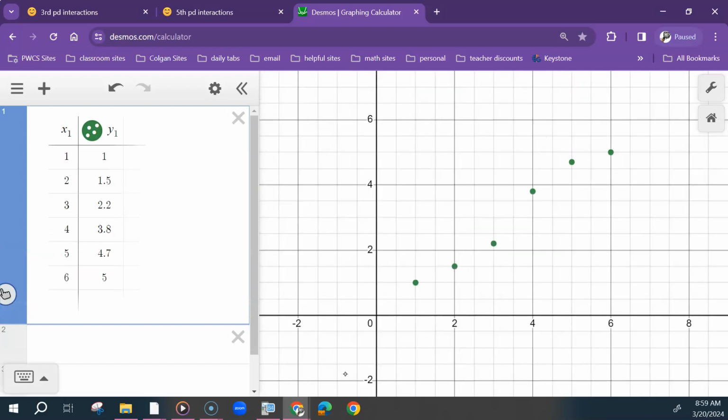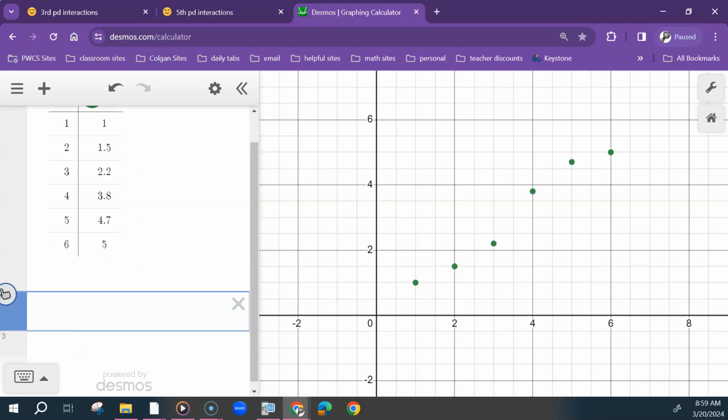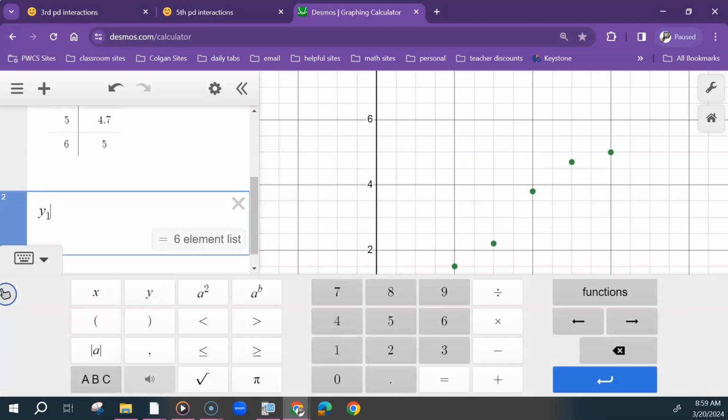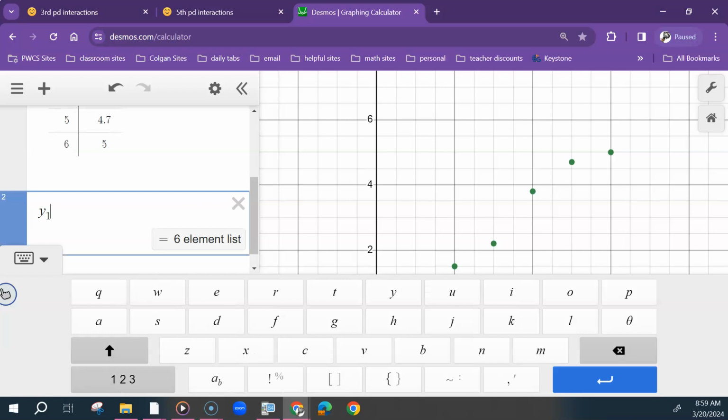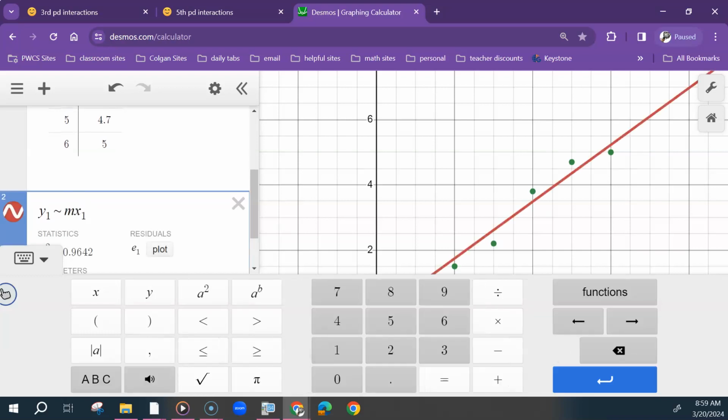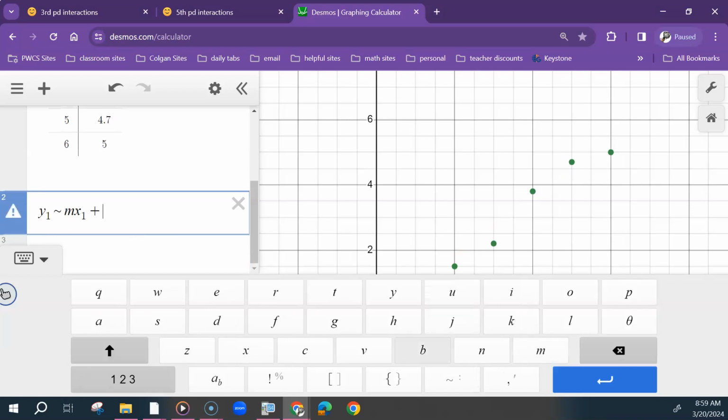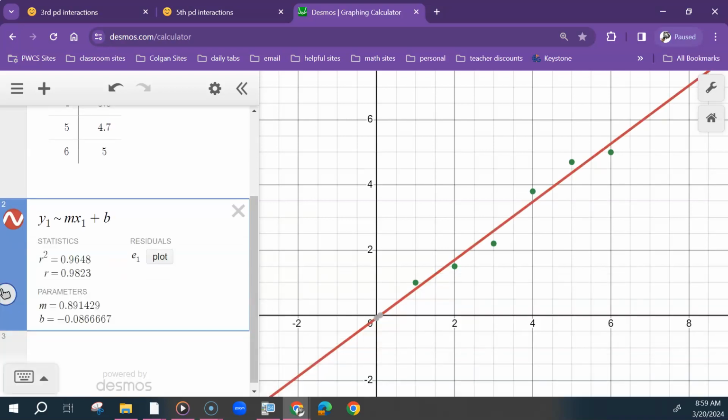So I can see all of my data, and then if I type in y1, the tilde, mx1 plus b, we'll get our slope and y-intercept, and we would write that together in our line of best fit.